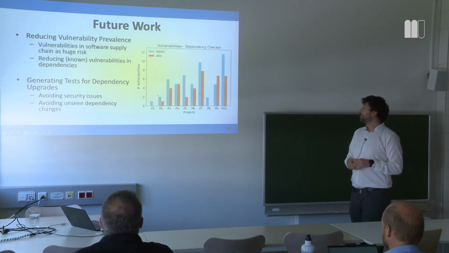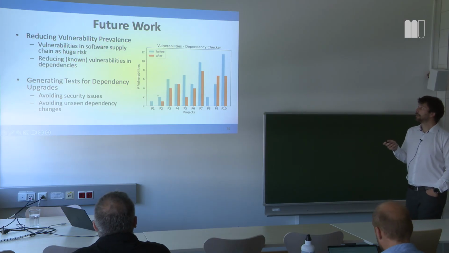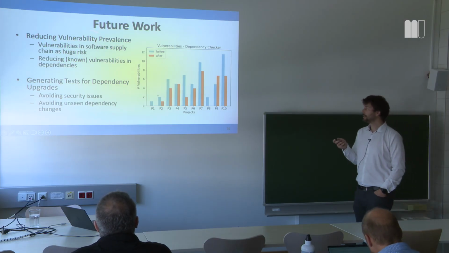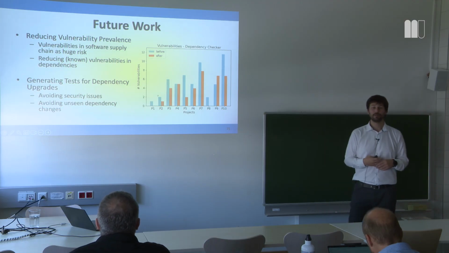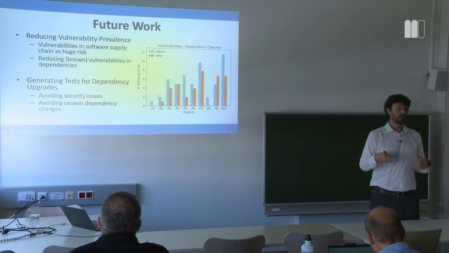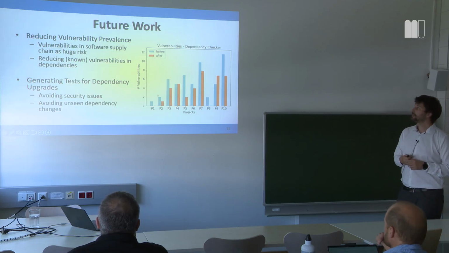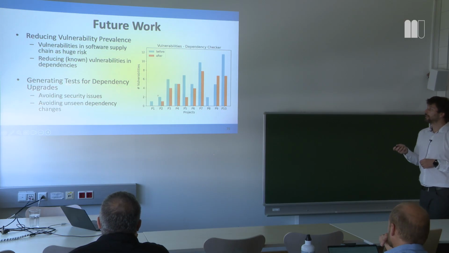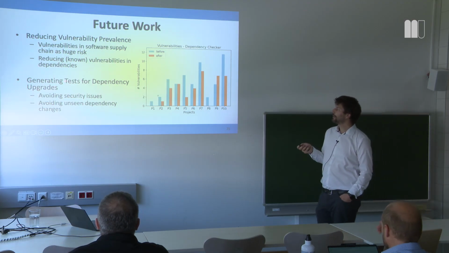What we are doing on top of that right now is basically two topics. Once, using the same idea to reduce the vulnerabilities in the dependencies: by adding vulnerability information to our solvers, we'll also get informed decisions about which dependencies to avoid and include concerning vulnerabilities. And for developers, very interestingly, to generate tests when we are planning or doing dependency upgrades.